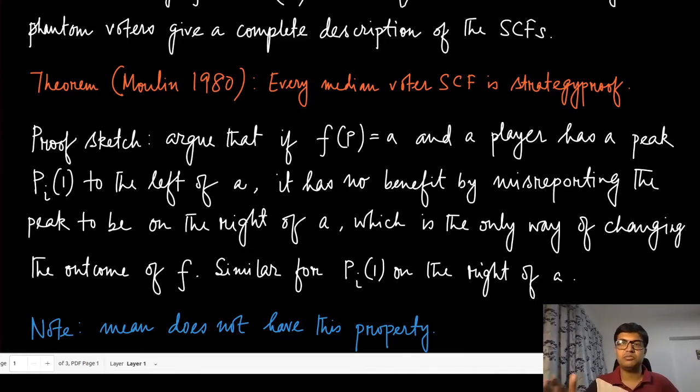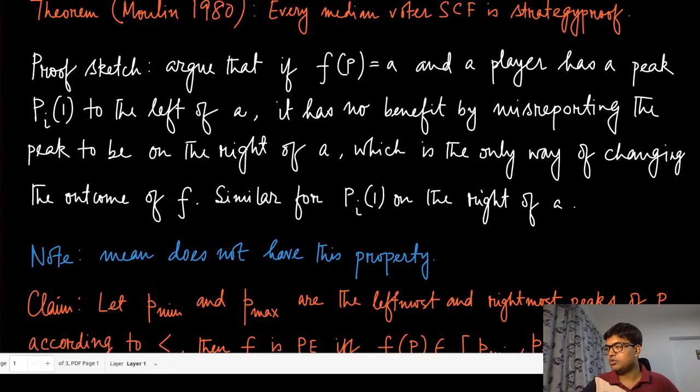And because this is a single peak preference, the only way it can change that median is by reporting its peak to be on the other side of the median, which essentially is less preferred than the current outcome. And that is essentially the idea of this proof again.